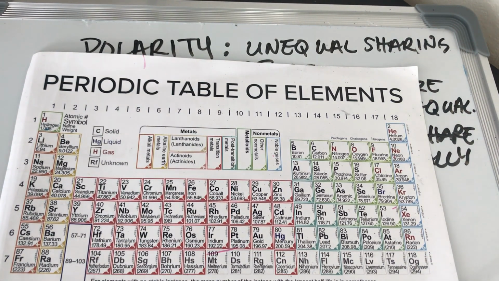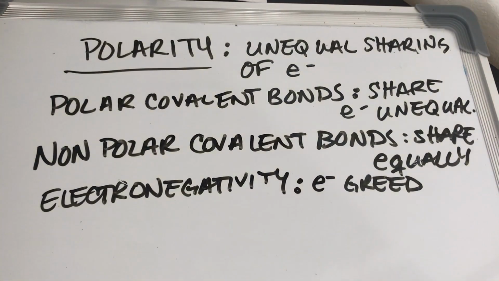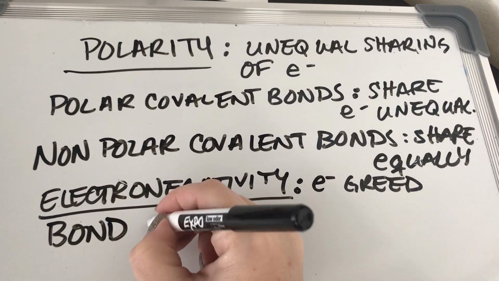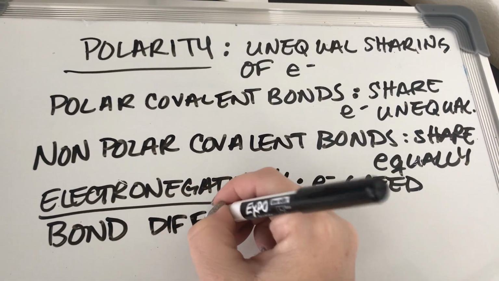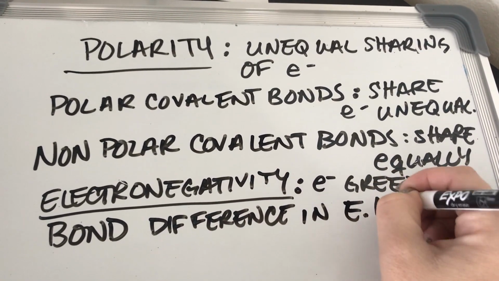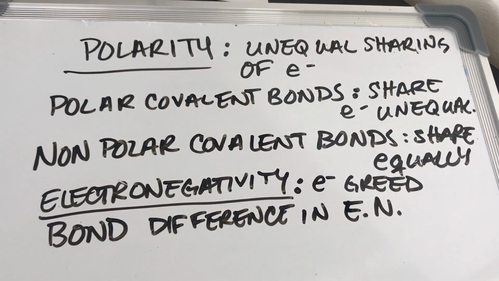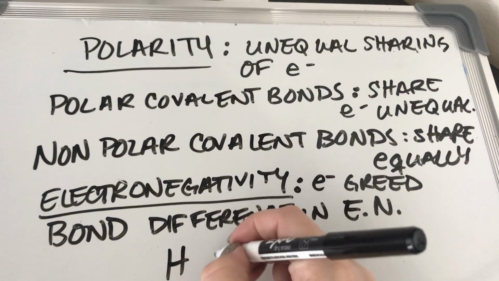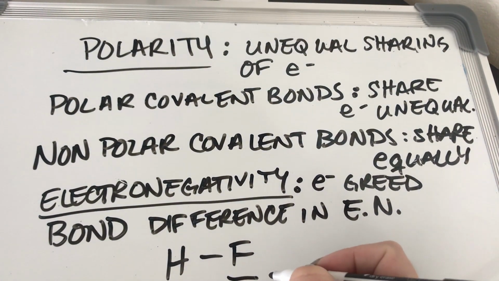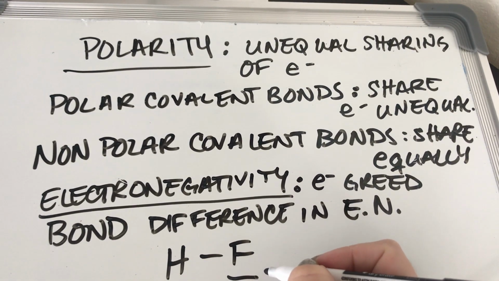So when we talk about electronegativity, what we're really talking about in a bond is the difference in electronegativity. For example, if we have HF, we know that fluorine is super electronegative, right?